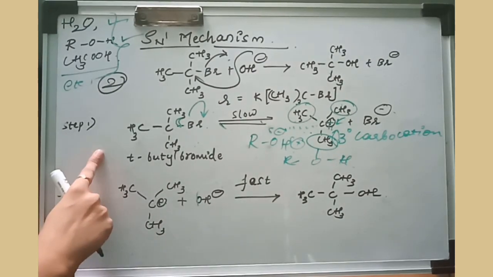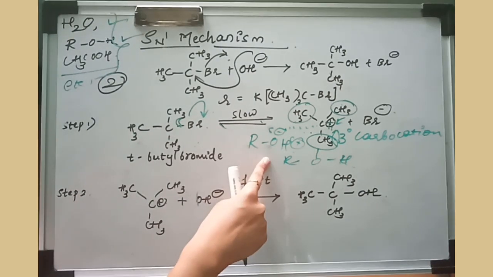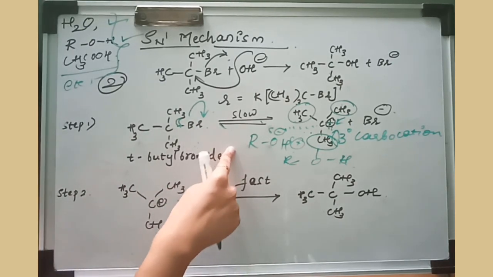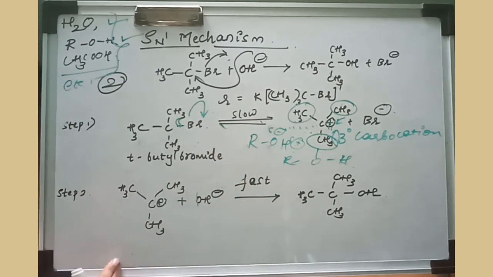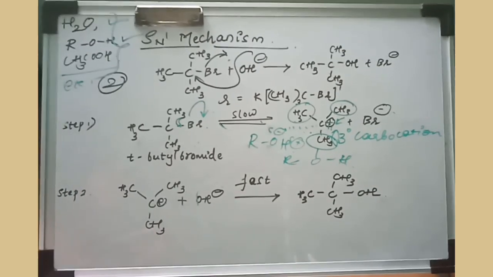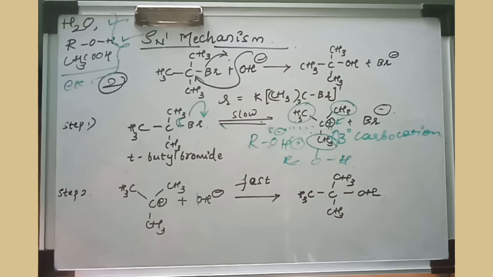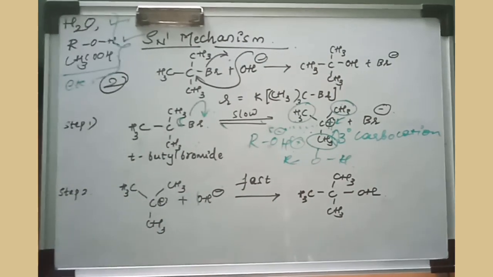The first step is the formation of the carbocation intermediate. The second step is the formation of an alcohol. The first step is the slow step, which is the rate determining step. The second step is fast, and the SN1 reaction is mainly influenced by the polar protic solvent. Okay, these things you have to remember.